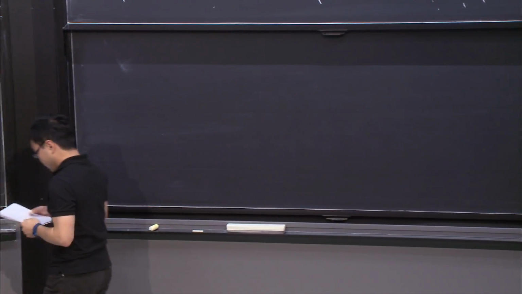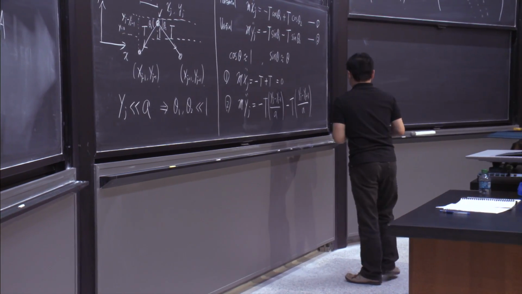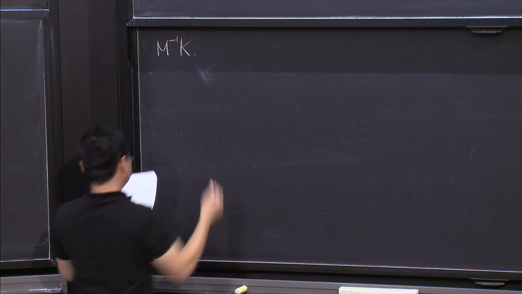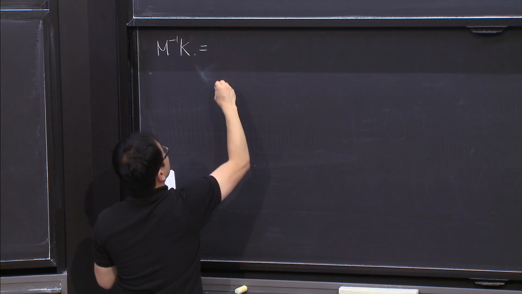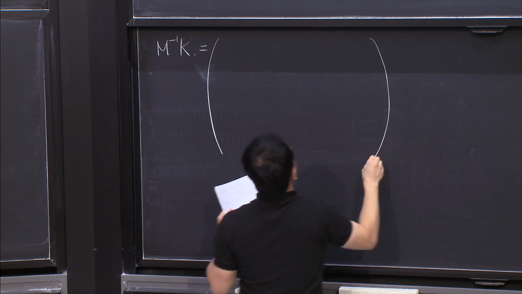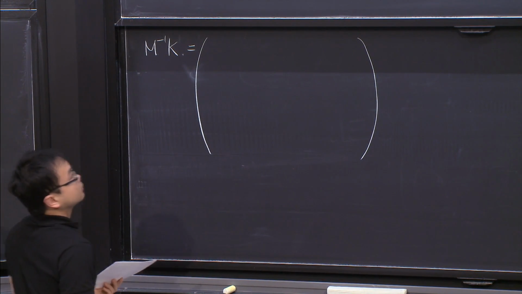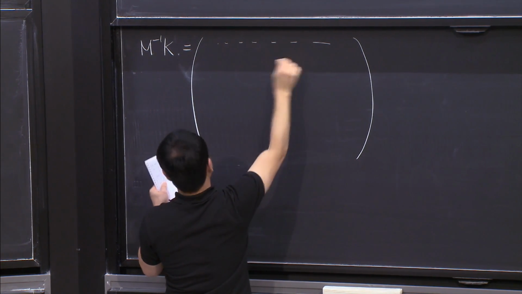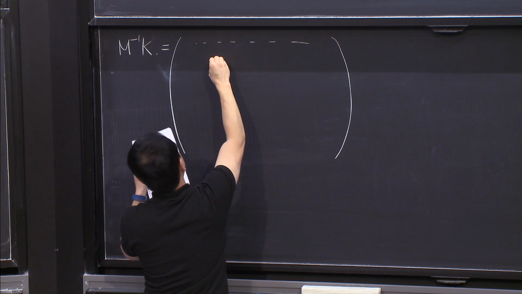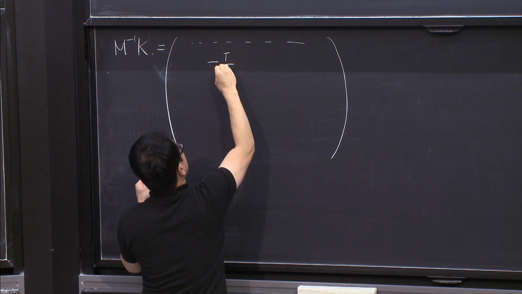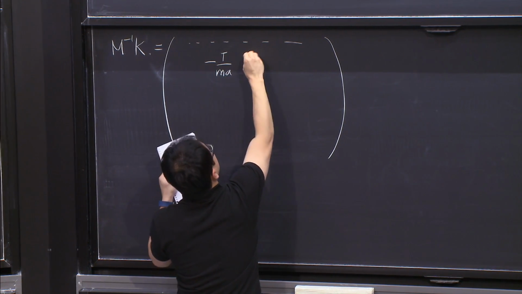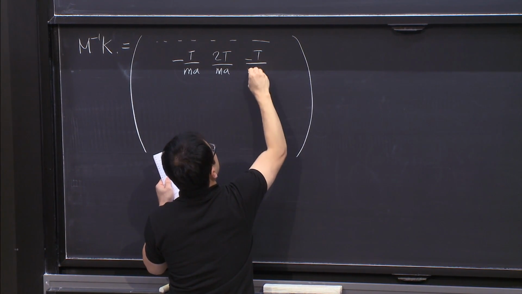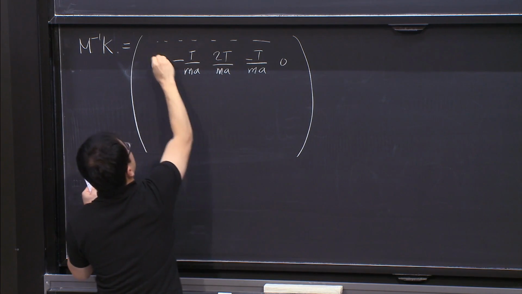Okay. So once we have this, we can now write down the M-inverse-K matrix. What is the M-inverse-K matrix? It has a similar structure as the K matrix, right? All those are zeros, all those are other values, but it has a fixed structure: minus T over Ma, 2T over Ma, minus T over Ma, and the zeros.